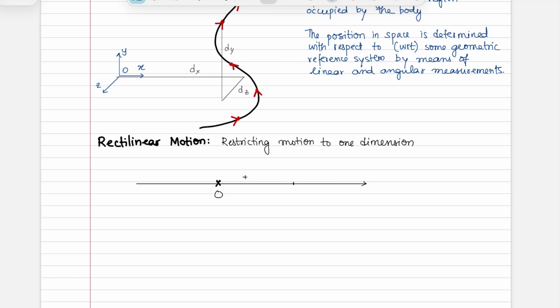Then a point that is over here, let's say 10 meters away from this, if you just use the number 10, then it means that it is this point here on this line. While if you chose the number as -3, then you would go in the opposite direction, and you have this here as distance being 3 meters, but the direction is negative. Okay, so that's according to the convention.